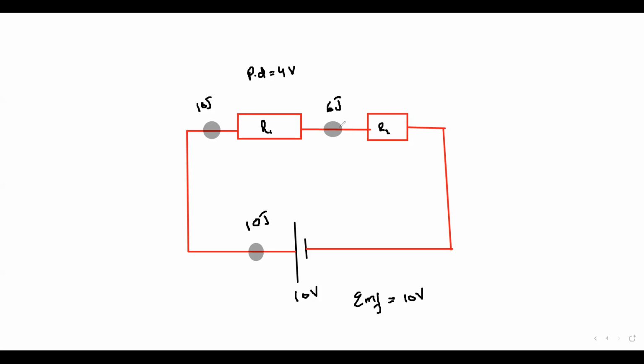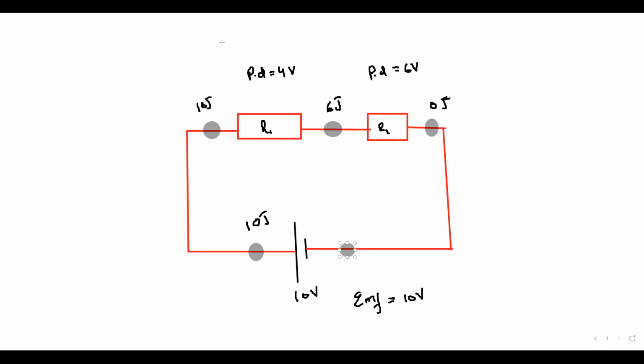Then before entering the second resistor it is 6, and after passing through it is 0. So how much energy is transferred by the charge? The amount of energy transferred by 1 coulomb of charge is called potential difference. So before entering it is 6 and after passing it is 0, so it is equal to 6 volts.